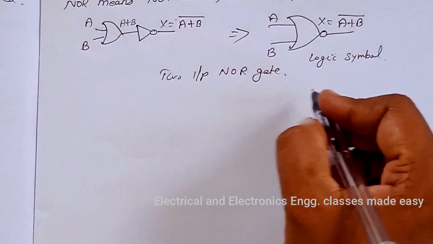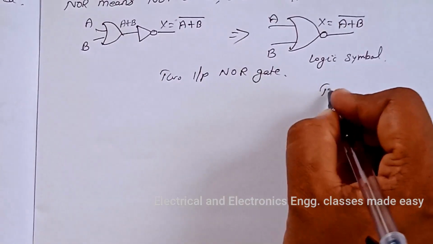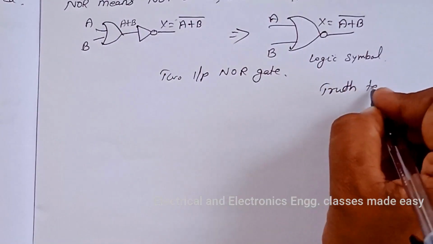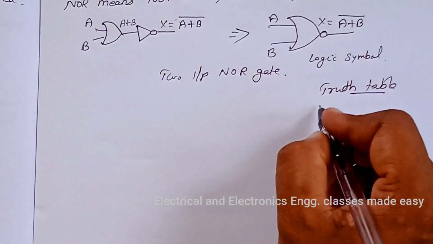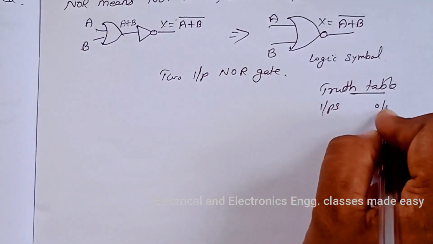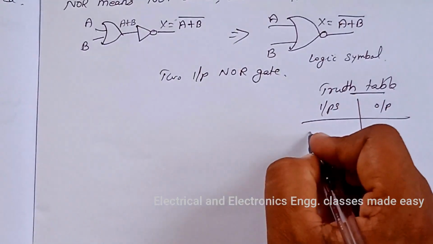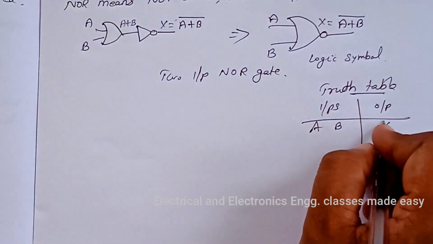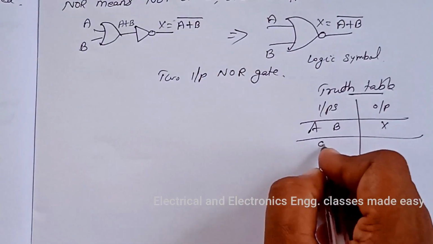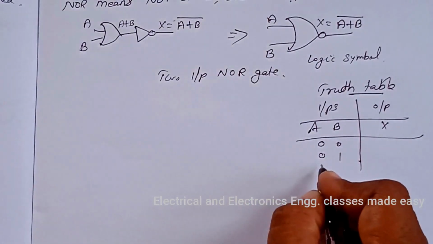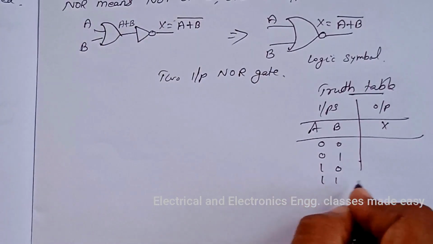And the truth table: inputs, output, then A, B, X. The combinations of inputs are 0, 0, 0, 1, 1, 0, 1, 1.